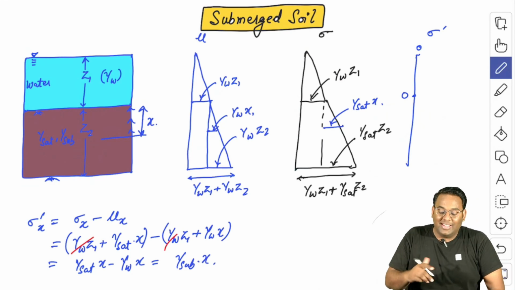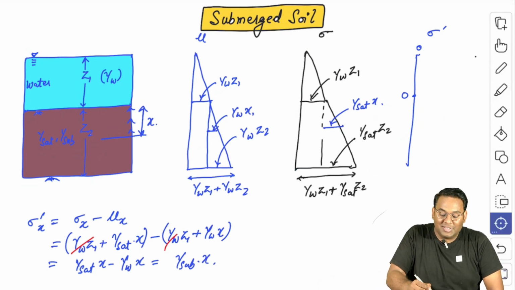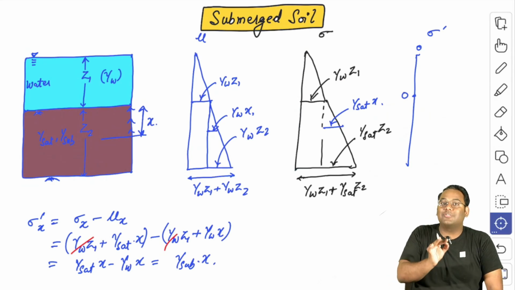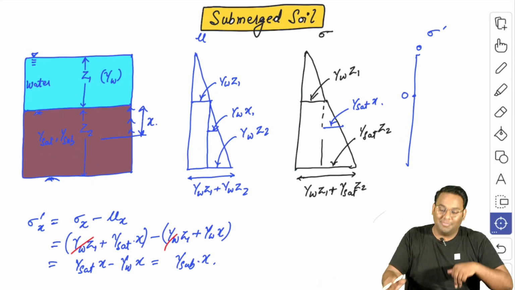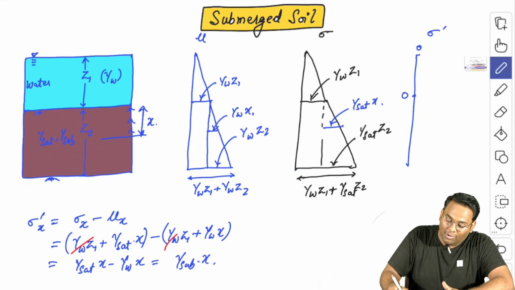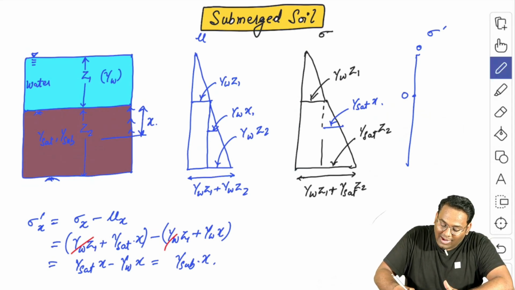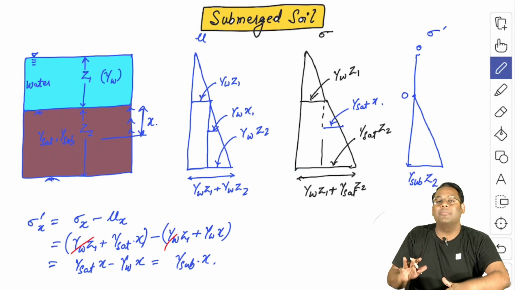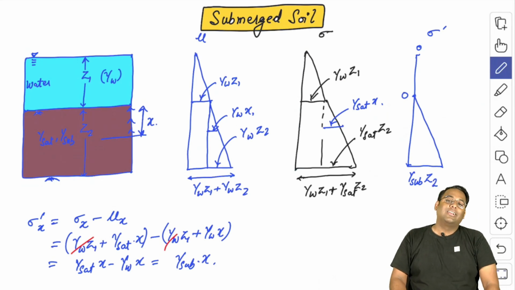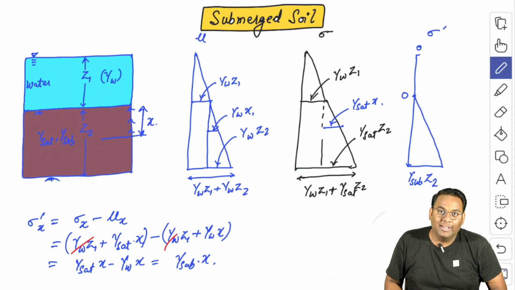So in this layer the effective stress will increase, and its rate of increase will be gamma submerged. So I can plot the graph as a linear graph, with the value at the bottom being gamma submerged into Z2, and the rate of increase is gamma submerged only.